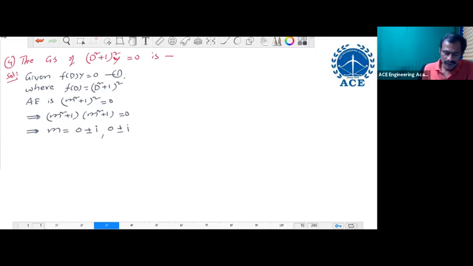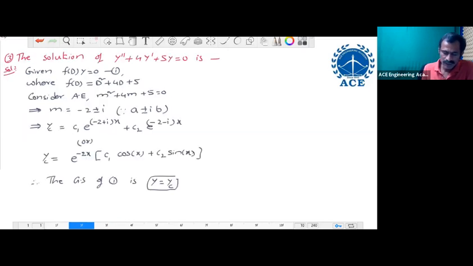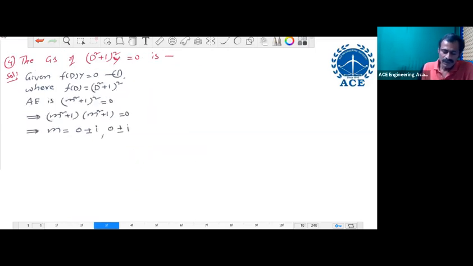Just going back to the previous page, we have already done one problem with complex roots. Just look at this. We can write the solution in terms of exponential or in terms of trigonometric functions. Like that, here also we write the same thing directly in terms of trigonometric functions. But here the roots are repeated. How many times? Plus i is repeated 2 times, minus i is repeated 2 times.